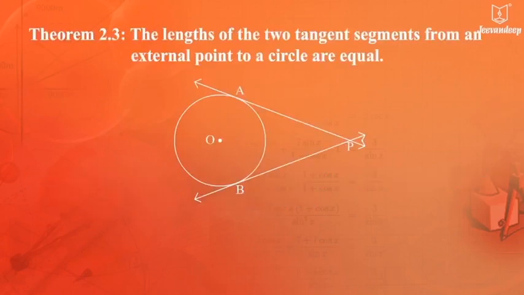Theorem 2.3. The lengths of the two tangent segments from an external point to a circle are equal.